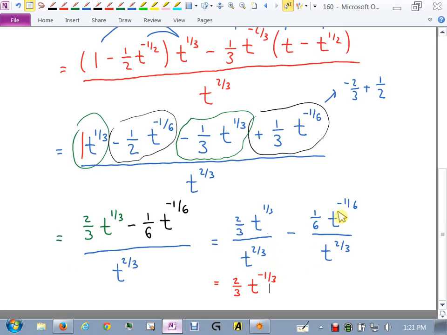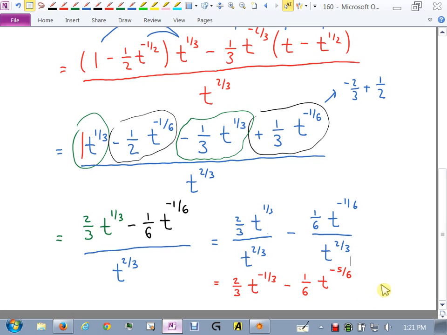And then here, negative 1/6, take away 2/3, right? Subtract 2/3. That's negative 5/6. This is like an exercise in fractions, right? So minus 1/6 t to the negative 5/6.